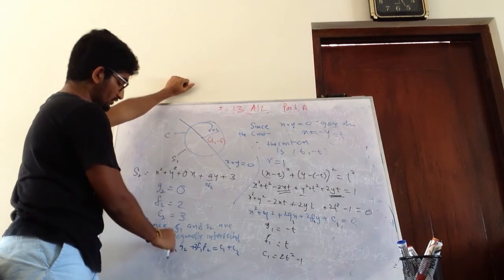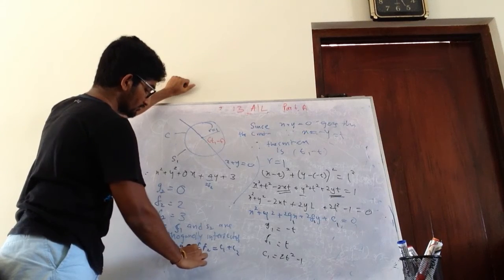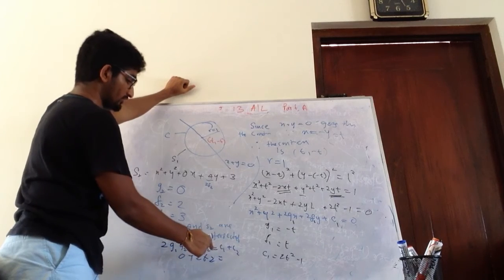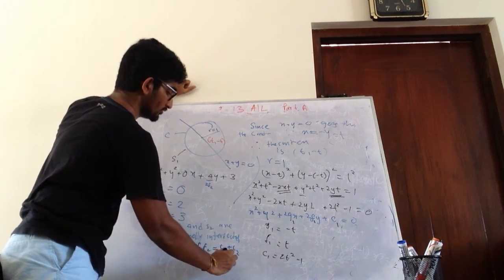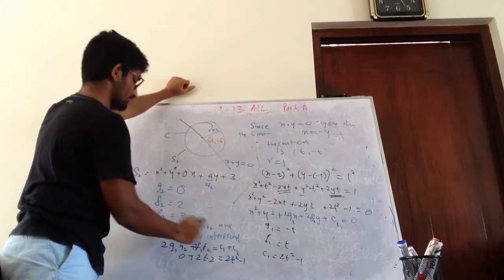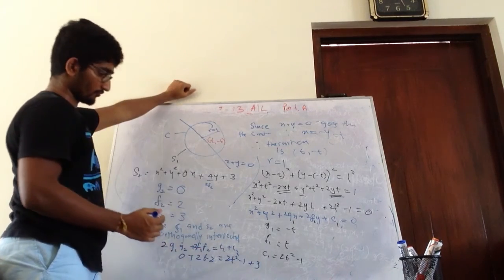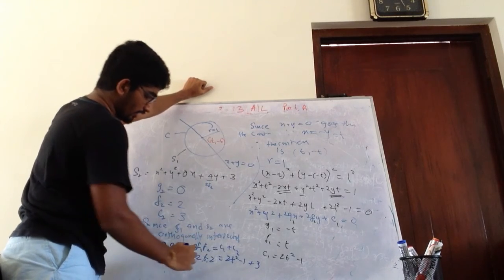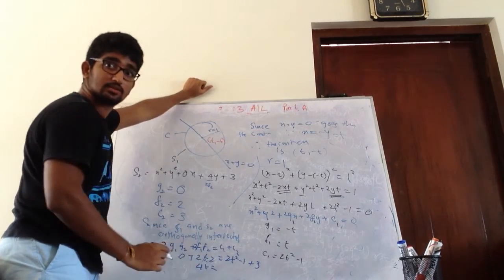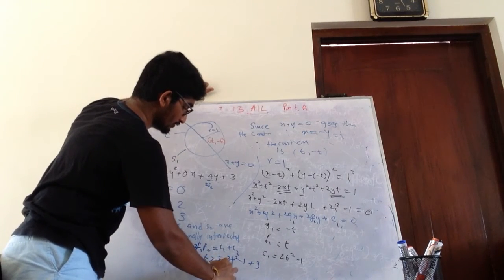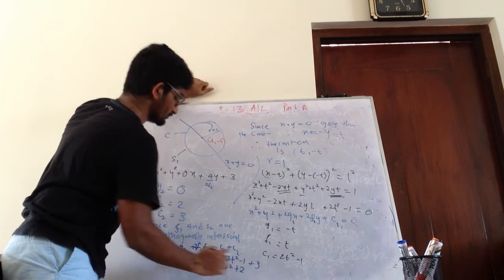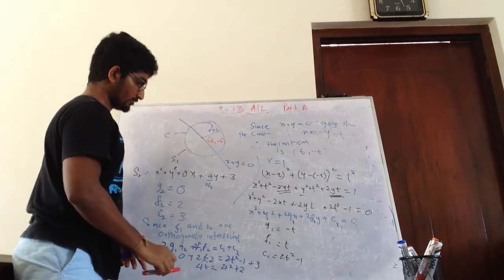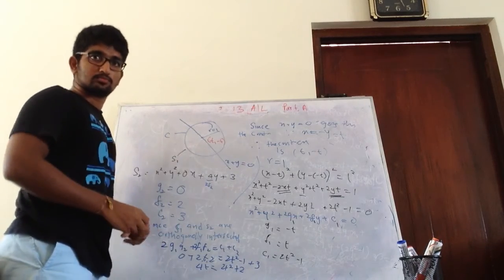G2 is 0, so this part will become 0. What is F1? F1 is T, F2 is 2, C1 is 2t square minus 1, and C2 is 3. So it's going to be 4t equals 2t square minus 1 plus 3, that is, plus 2. Right? So write this down.